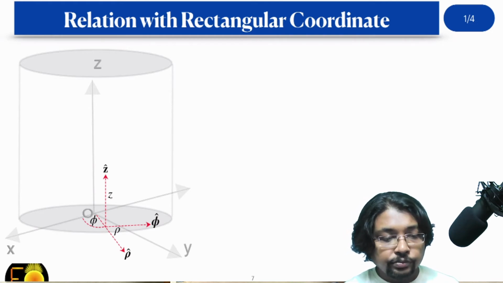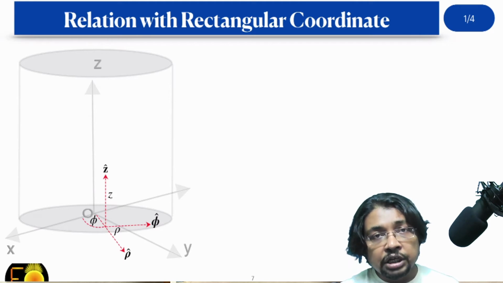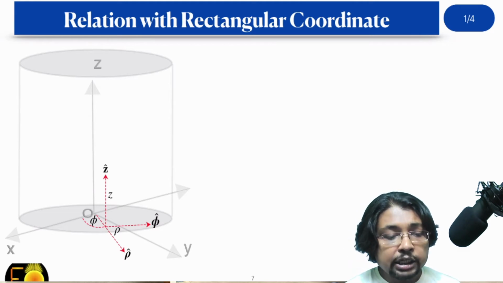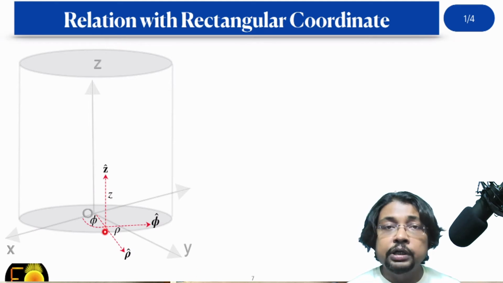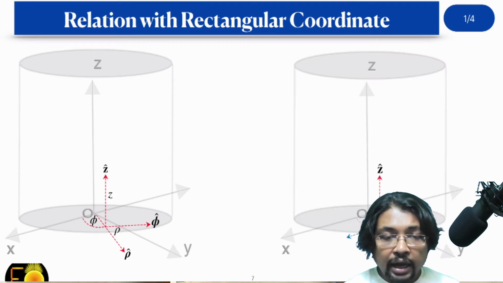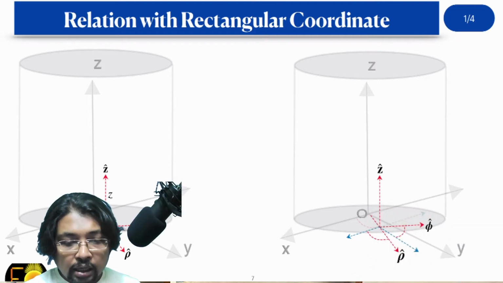Now, in order to find out the relation with the rectangular coordinate system, I need to superimpose the rectangular coordinate system, that means x, y and z, at this particular point, in order to make you understand in a much clearer way. As you can see, I did it over here.